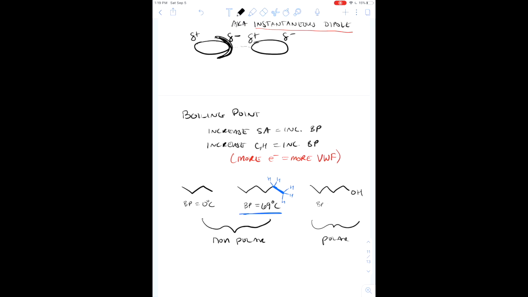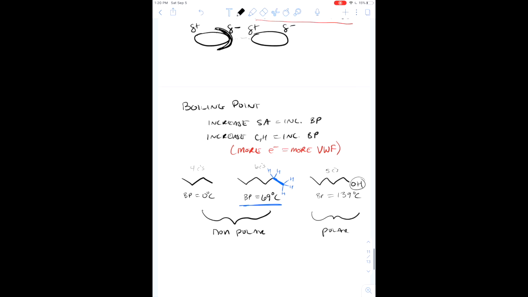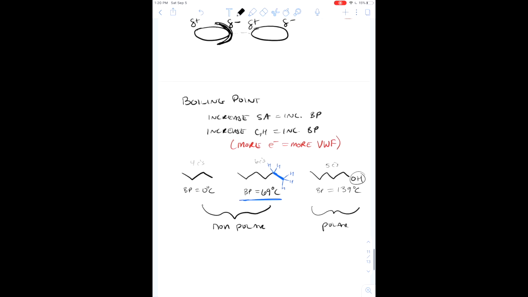And so the boiling point of this guy is significantly higher. So you can see the effect that this particular functional group has on the overall boiling point, because this only has 5 carbons, right? Whereas this one has 6 carbons and this one has 4 carbons. So yeah, that's just based off of the intermolecular forces, which is something we need to get familiar with.